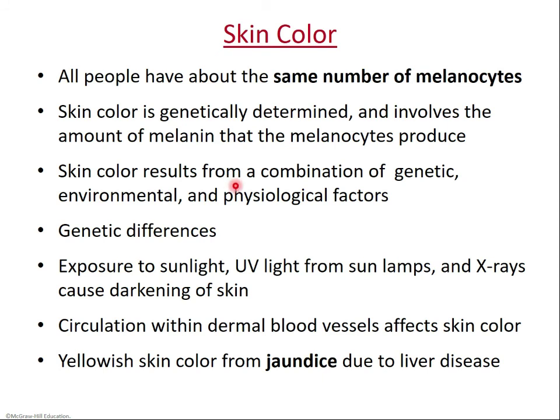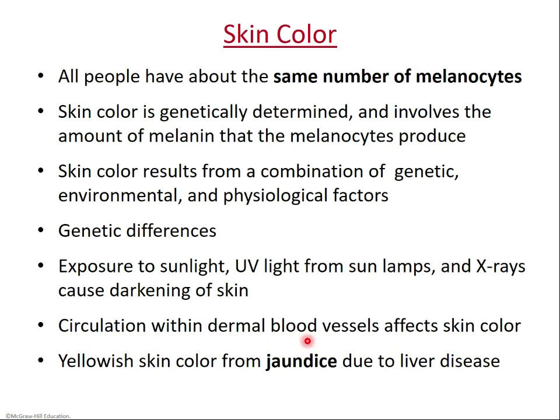So skin color results from a combination of genetics, environment, and physiological factors. With more exposure to sunlight, these melanocytes might tend to produce a little bit more melanin. And these genetic differences play a main role as well. And as we talked about, sunlight, UV light, and X-rays can cause darkening of the skin.